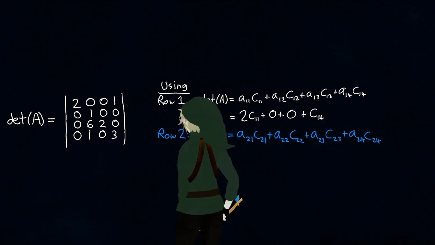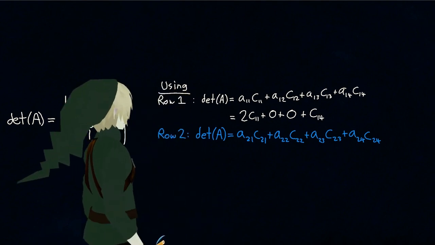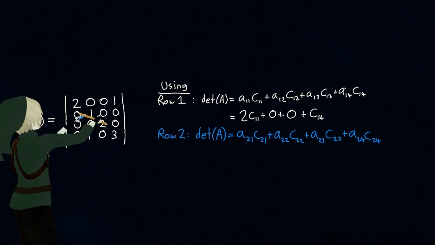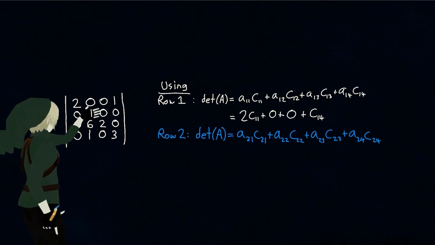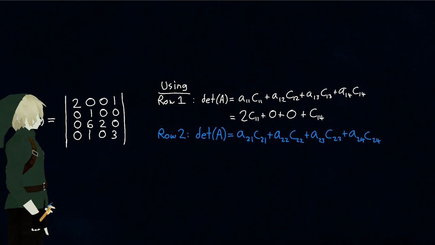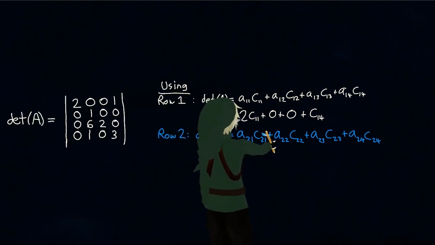Okay? And now what do you notice? Well, the rest is 0 except 1 here. And this entry here is A22.